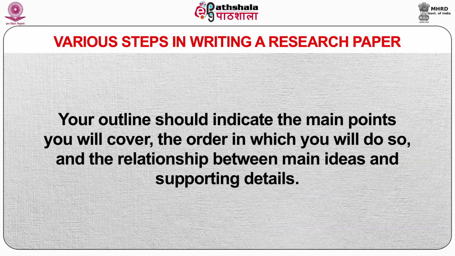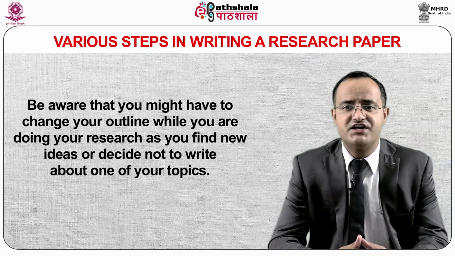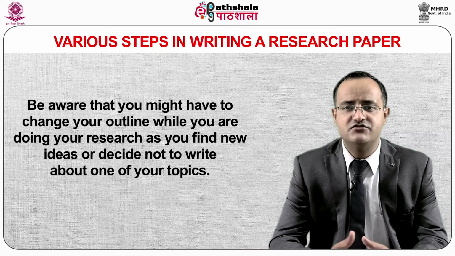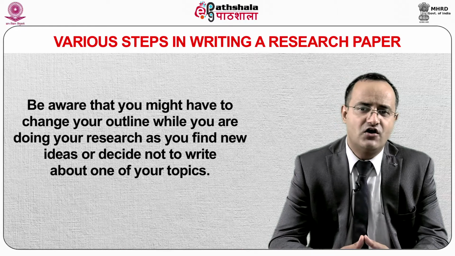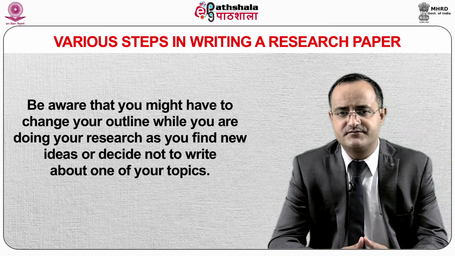The outline should indicate the main points that the researcher will cover, the order in which the work will be done, and the relationship between main ideas and supporting details. Be aware that you might have to change your outline while you are doing your research as you find new ideas or decide not to write about one of your topics.